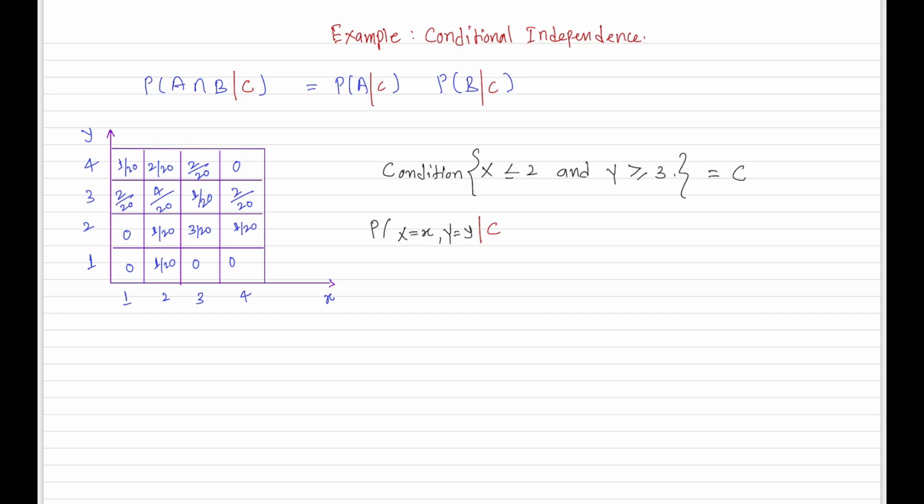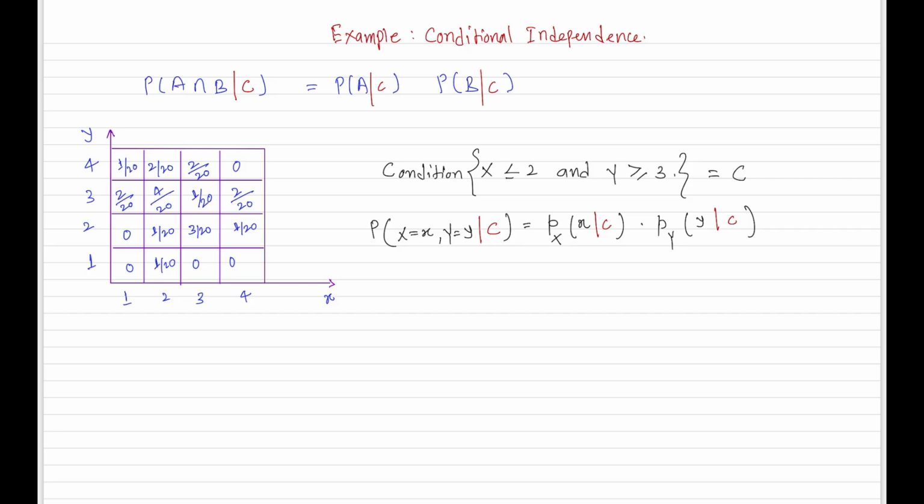What's the probability of that? And if this probability is equal to the marginal PMF of random variable x under the condition C, because we are talking about conditional independence, so we are just extending this idea from events to random variables, times the marginal PMF of random variable y under the condition C, right?